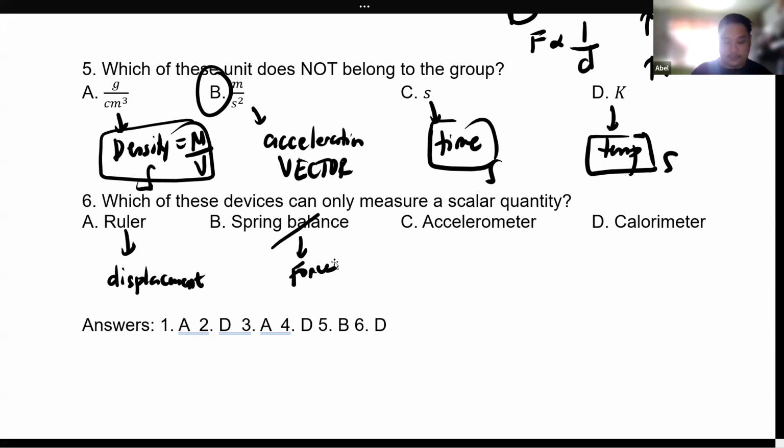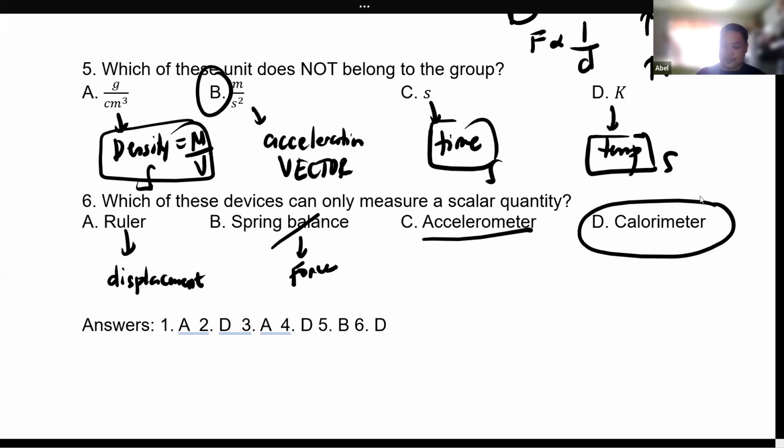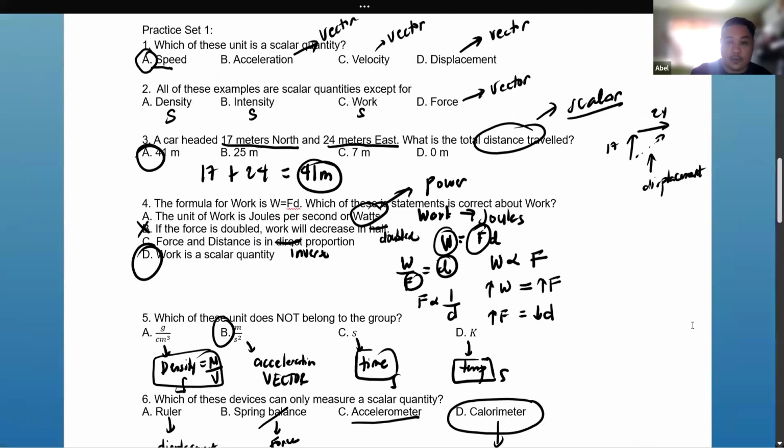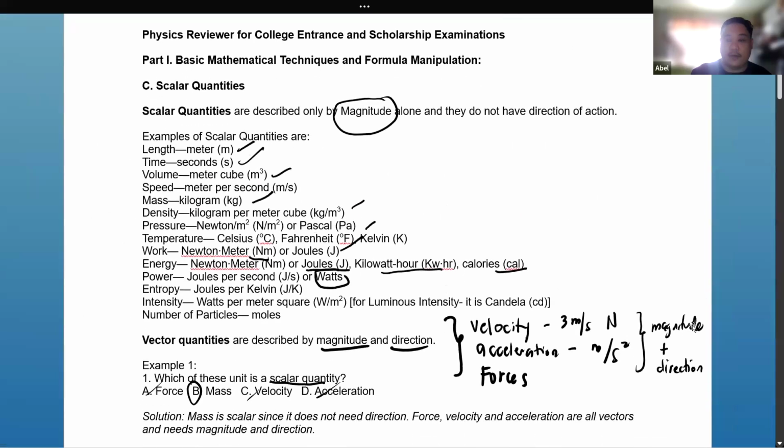So therefore, it is a vector quantity. Accelerometer can also measure acceleration. And therefore, the best answer here is calorimeter, simply because it measures energy or heat. Okay? And so that talks about our scalar quantity discussion. The next topic would be vector quantities.